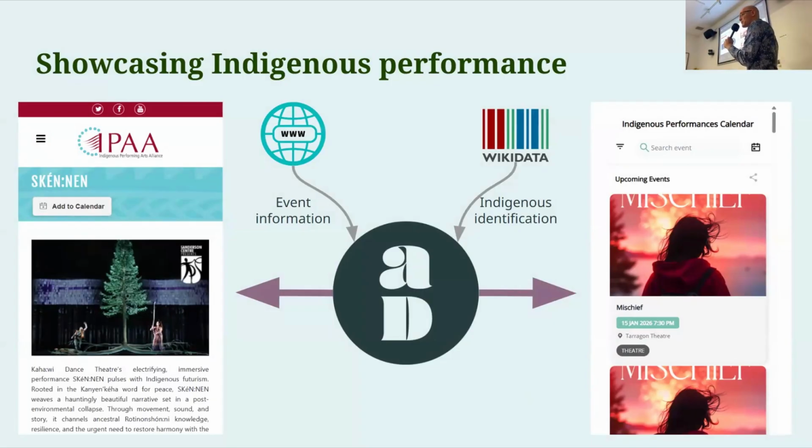The two of them are assembled through a federated query, so we created two databases to deliver the data to these two calendars that are featuring not quite the same data points because they're consuming it from different perspectives, but some of the same events are listed on both the Indigenous Performing Arts Alliance website and on the Lodgepole Alliance website.